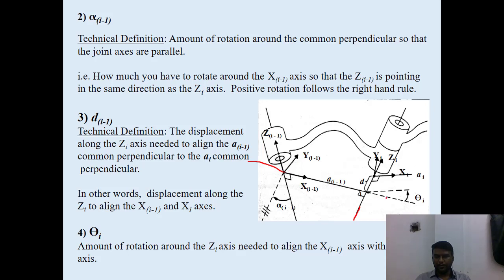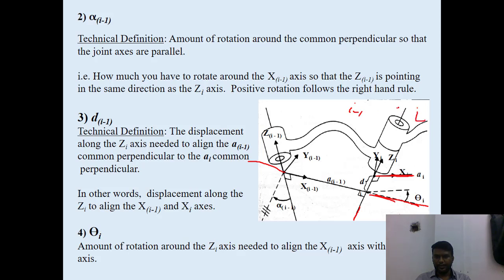Now, when you try to align d i, we extend x i beyond this axis. We have extended x i minus 1 here and x i here. There is the i minus 1 link, and there is one more link that is called the i link.